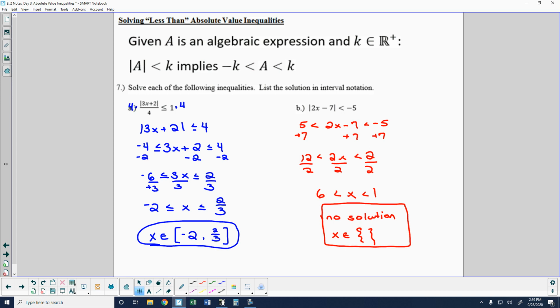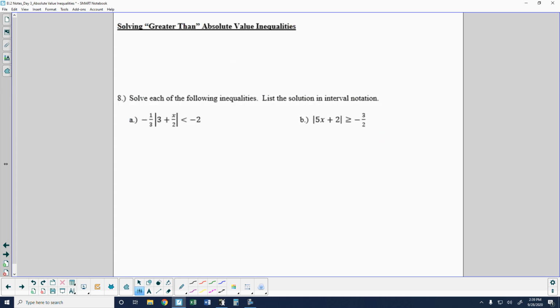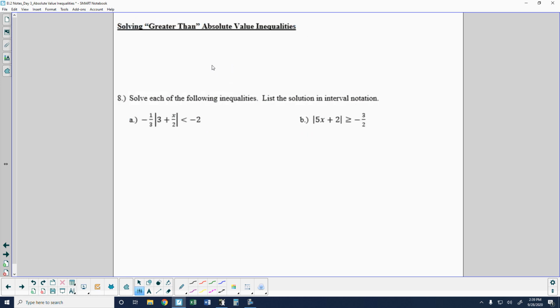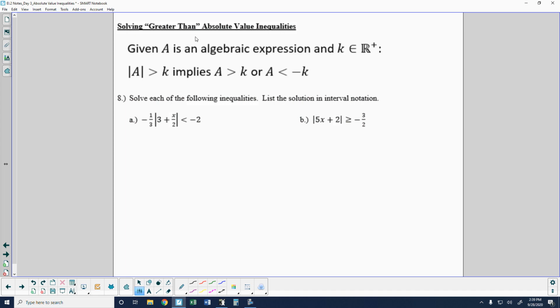Either way. Now, solving greater than expressions has a similar concept, but it's a little bit different. A less than is essentially implying an intersection, an and. A greater than is essentially implying a union.